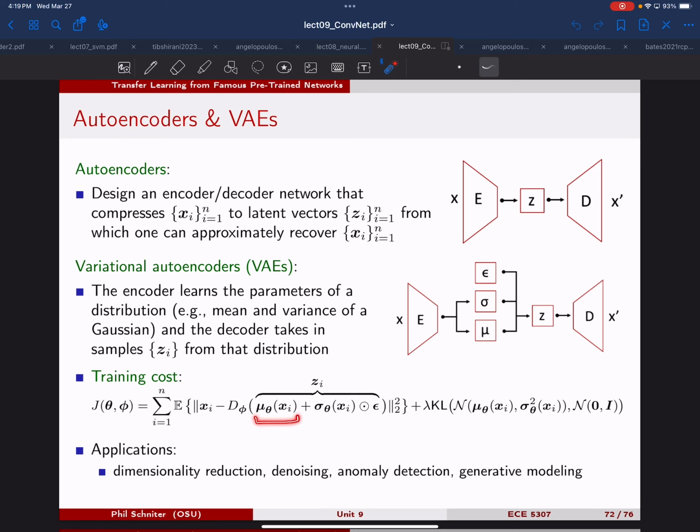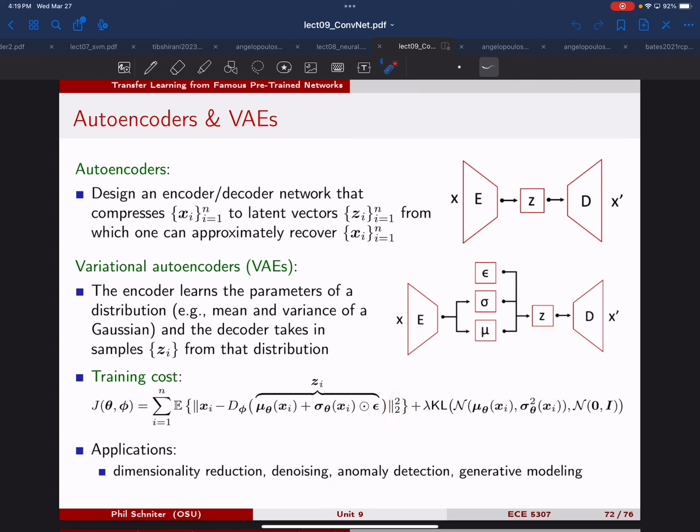You're then shifting that with the means that the encoder output for that xi, and you're taking that new code vector zi, putting it through the decoder, and you want the output to be as close to the input xi as possible. So that's what this term is doing. It's just looking at the squared error.